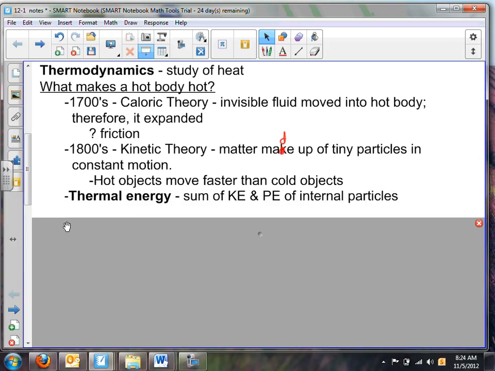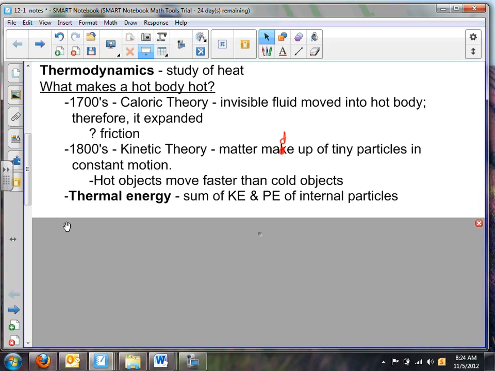Thermal energy, there's a term for you, is just the sum of the kinetic energy and the potential energy of the internal particles of a substance. So this is different than when we talked about kinetic and potential energy before. Before, kinetic energy dealt with the whole object moving, and the potential energy was relative to some reference level.